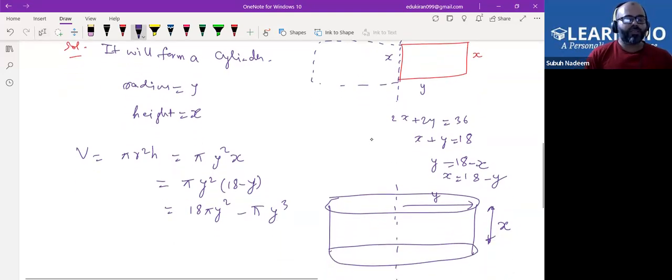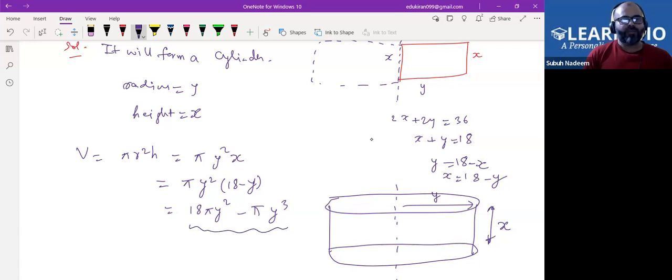What will you do next? What would be the next step? We want the maximum volume now. So V will be differentiated with respect to y.